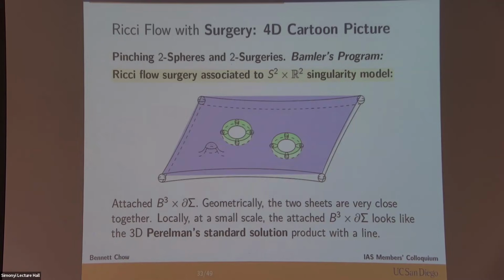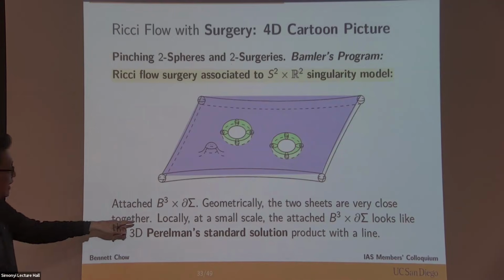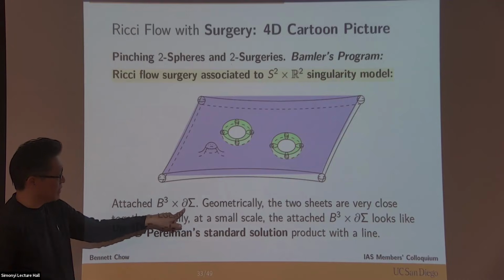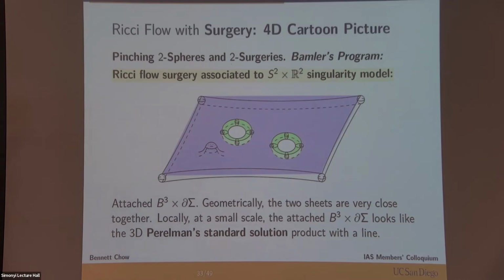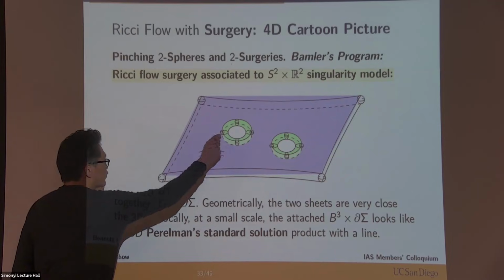And the answer is you should be able to. The picture goes like this. This is the V3 cross boundary sigma 2. Boundary sigma 2 in this case is just two disjoint circles. And the V2 is just kind of like this thing right here.